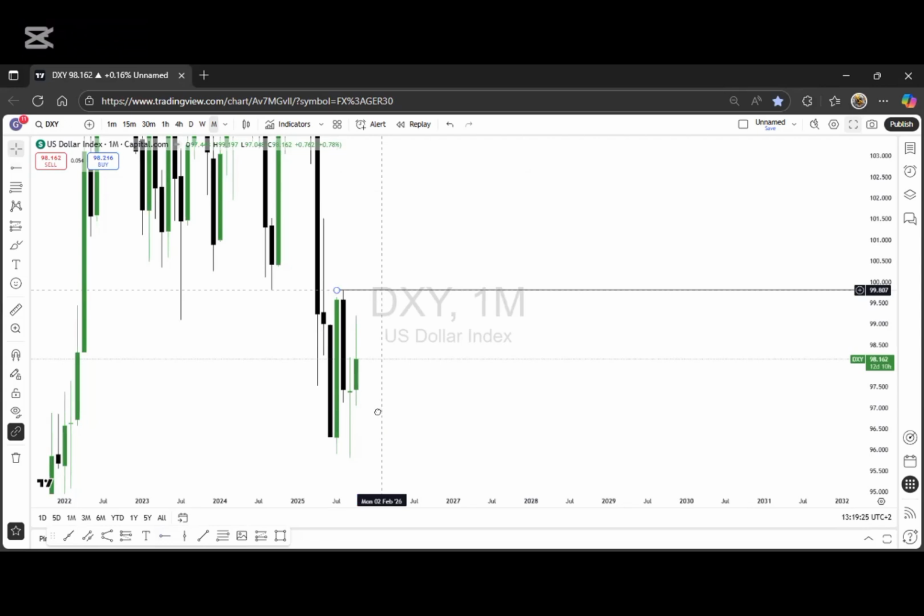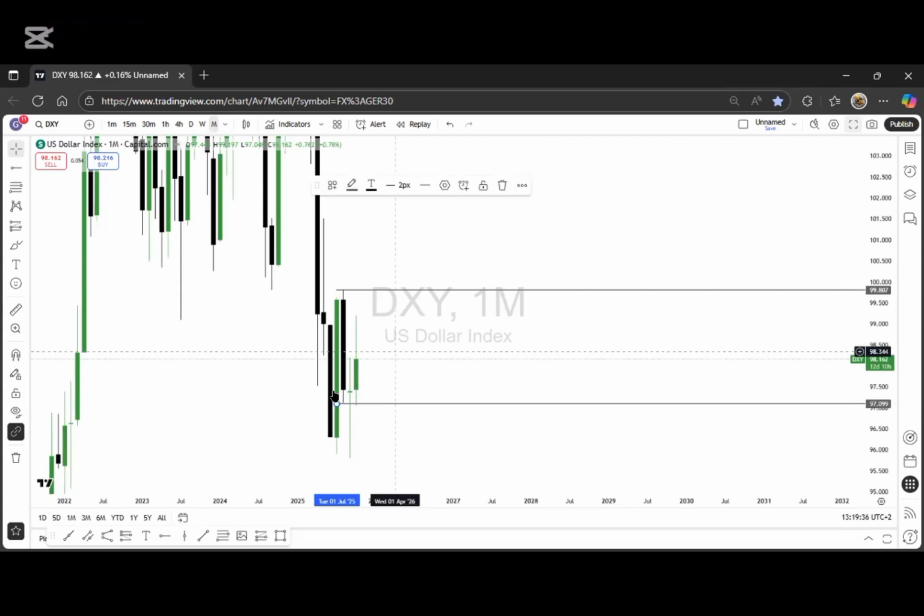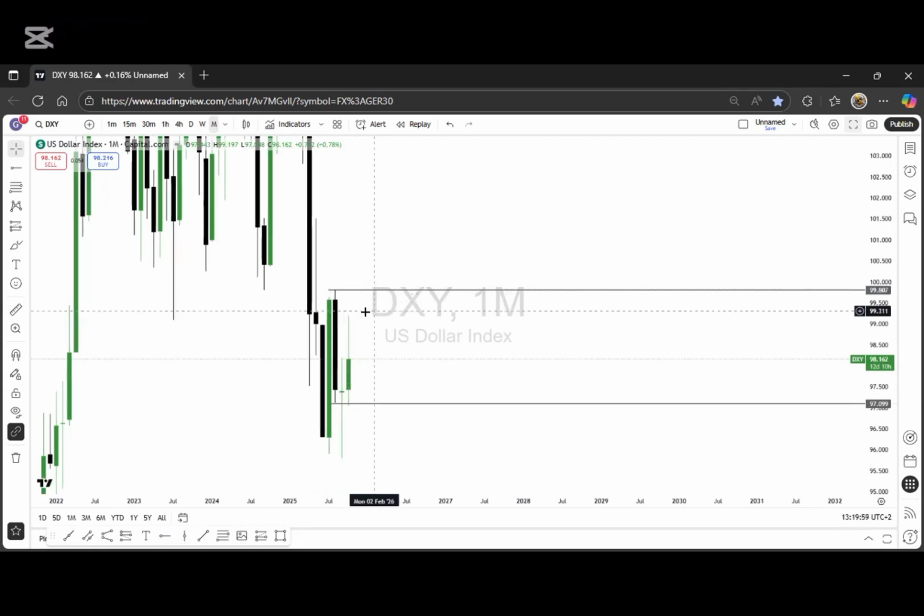Most of the time, I wait for two candlesticks for my confirmation. You see, the first month there was a bearish candle, and the second month, in September, there was a bullish candle indicating a reversal to the upside to break the upper structure of the candle from the last month.